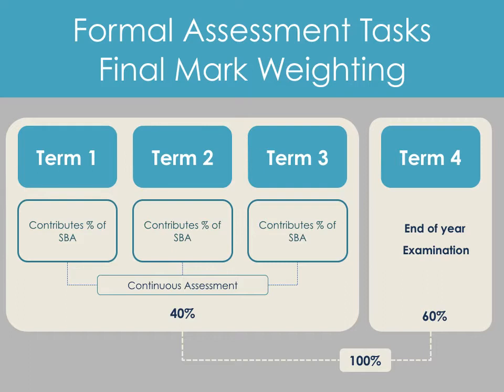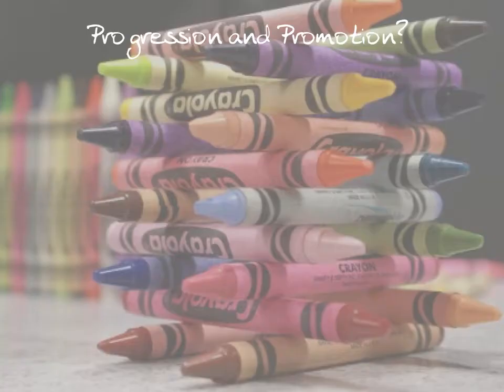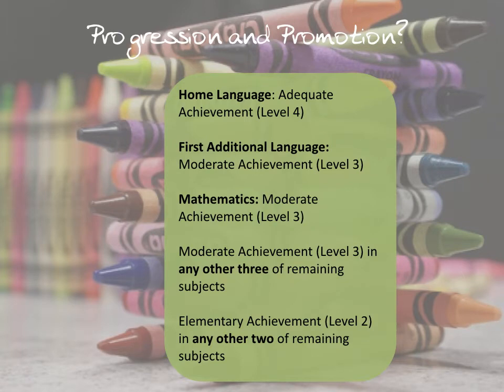Let's have a look at what the progression and promotion requirements are for learners in senior phase. Learners in senior phase are required for home language to get adequate achievement, which is a level 4. So this means a learner needs to achieve a mark between 50 and 59%.